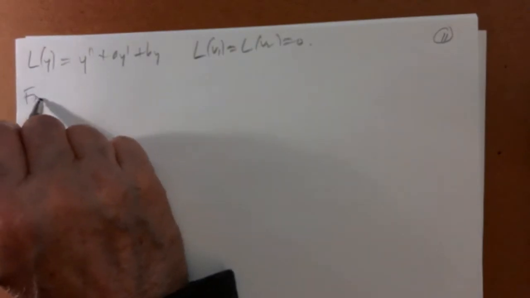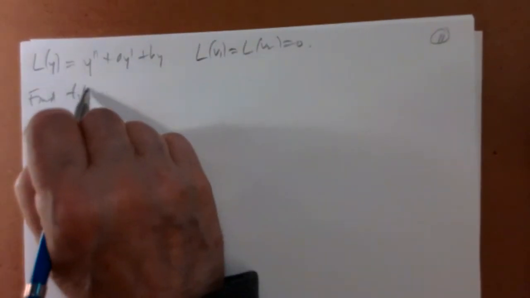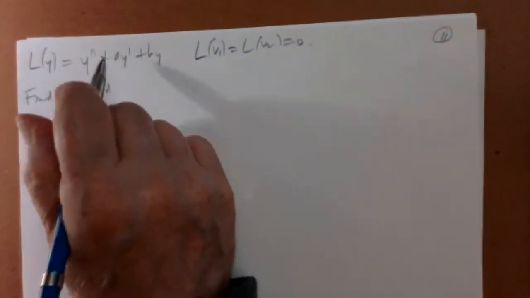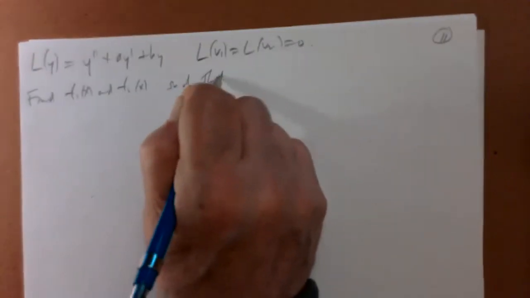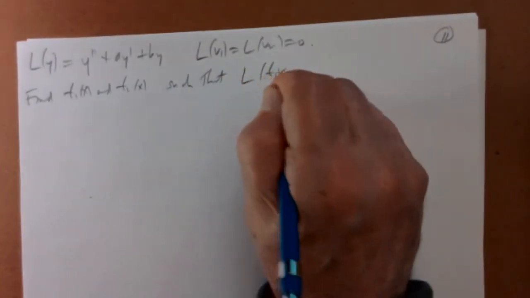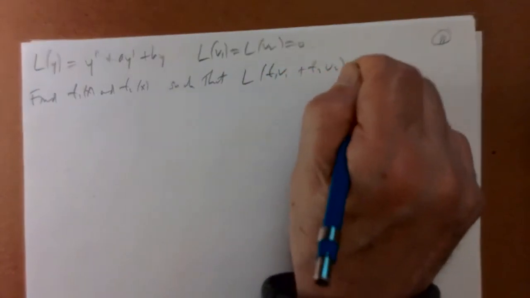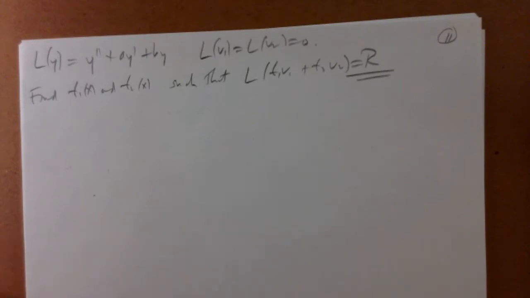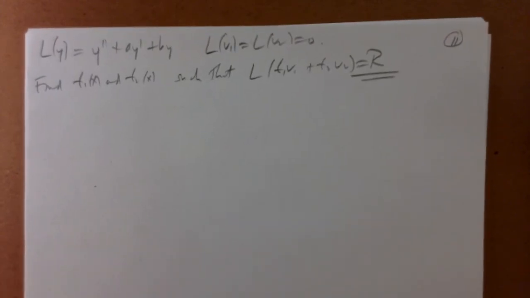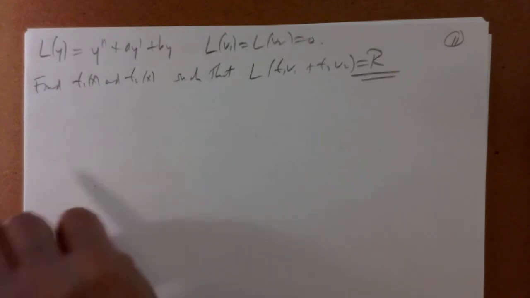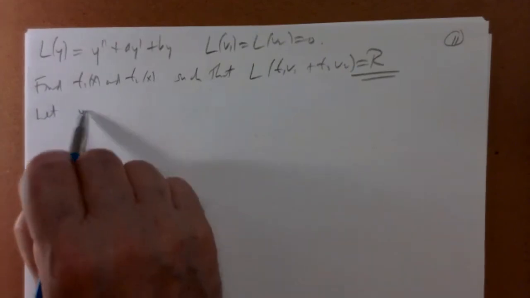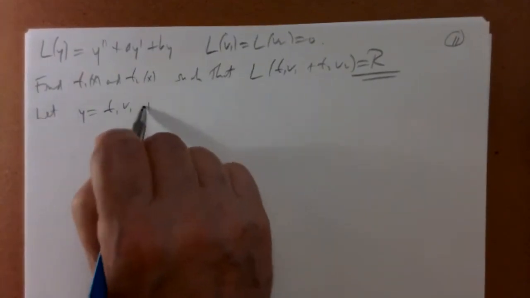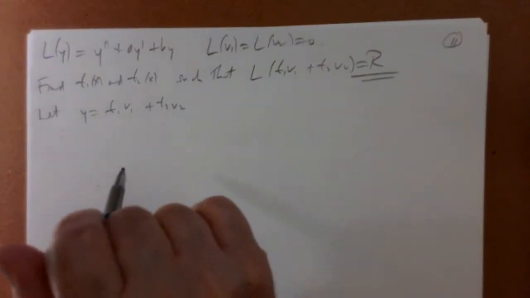And our problem is to find functions t1(x) and t2(x) such that L(t1 v1 + t2 v2) is equal to r. That's the differential equation we're trying to solve. Okay.